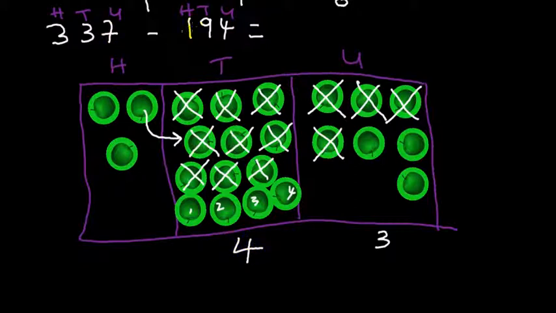That's 4. In the hundreds column we want to subtract 1. We take 1 out, and we have 1 left. So bring down that 1. So the answer is 143. You see how fast and how effective it is.